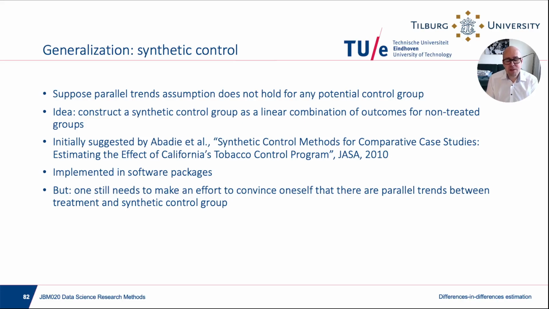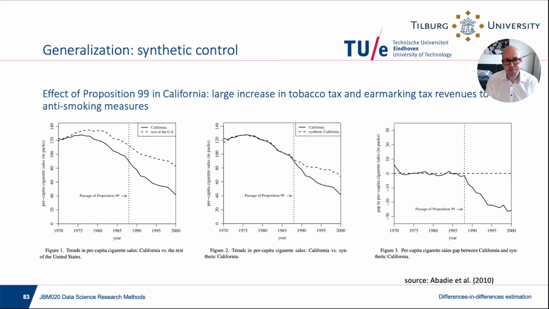Of course, one still needs to make sure that one can convince oneself, and hopefully also the audience of one's study, that there are common trends or parallel trends between the treatment group and the synthetic control group. So how does that look? This again from their paper, actually.